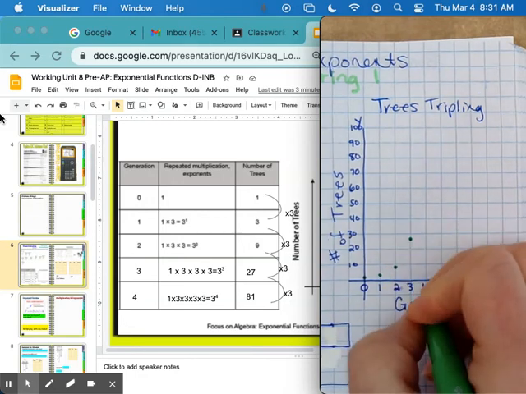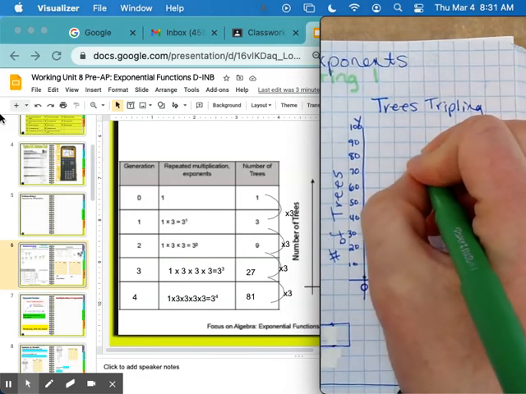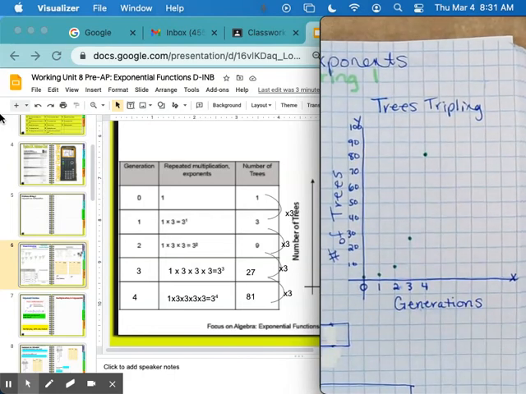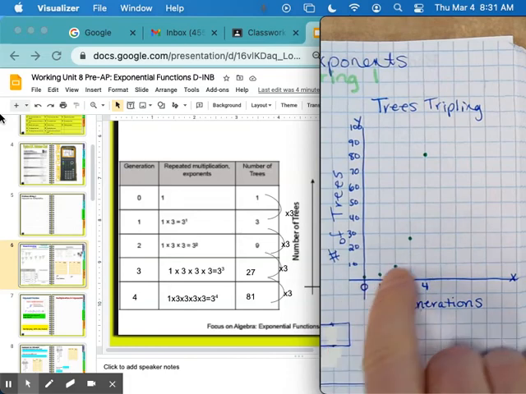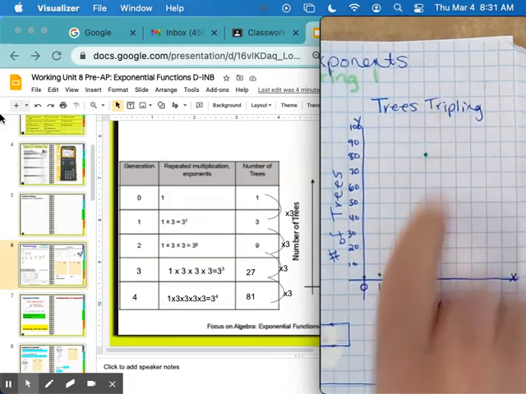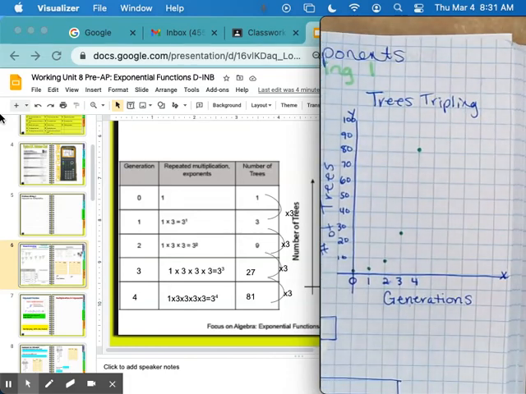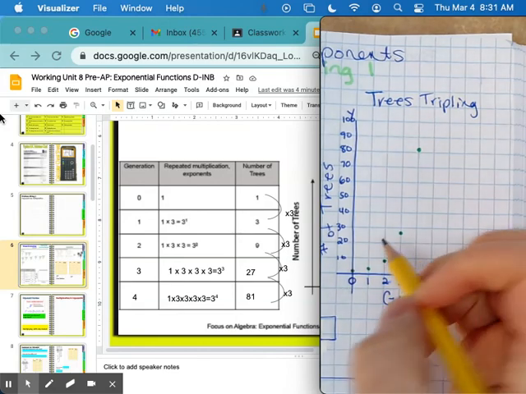And 4, 81. Okay, so see how it increases really rapidly? I'm going to use a pencil to kind of follow that graph.